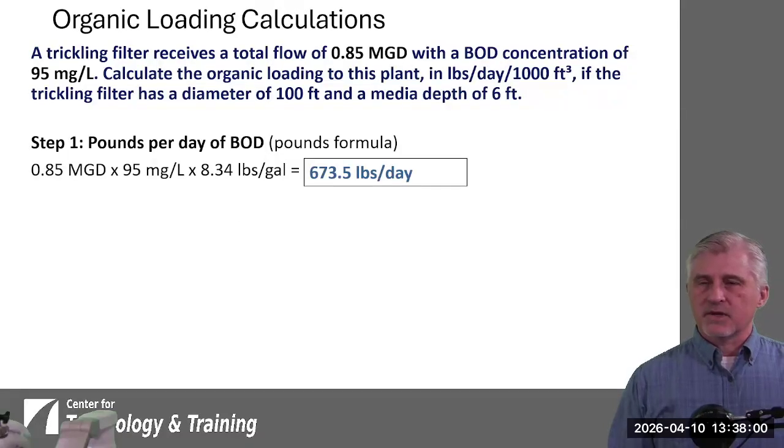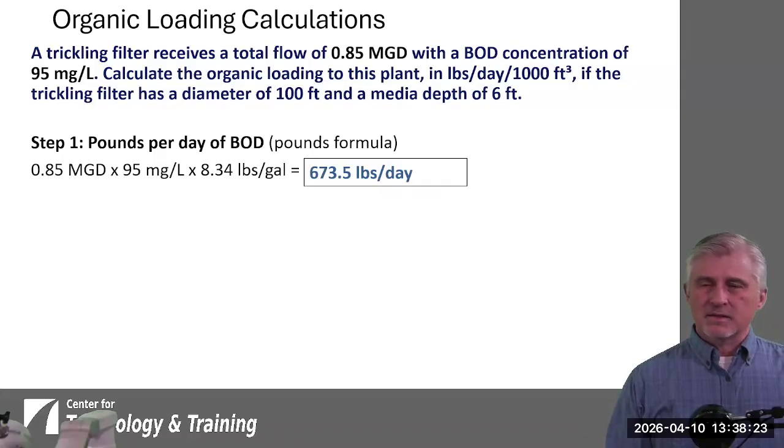It's 673.5 pounds. Now we also have to take into consideration the volume of our filter. The filter has a diameter, so it's a cylindrical filter, and it has a depth. We need to determine the volume of that filter.